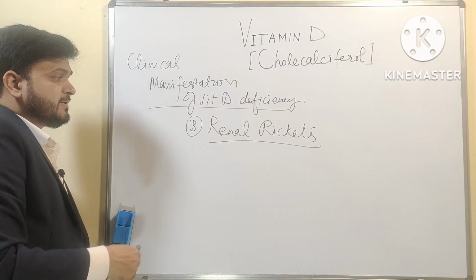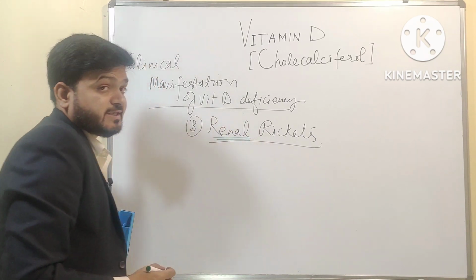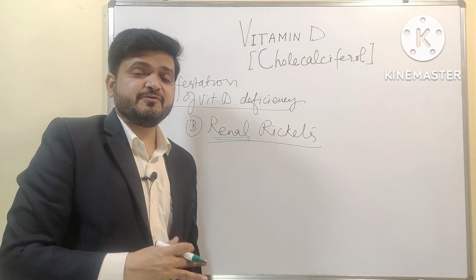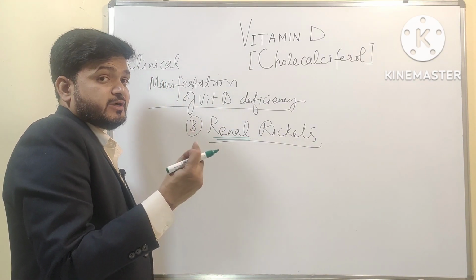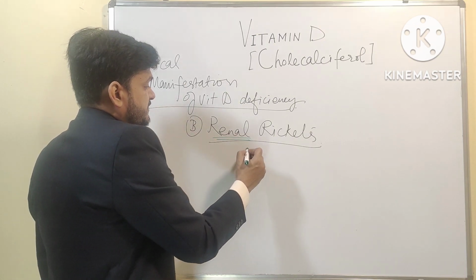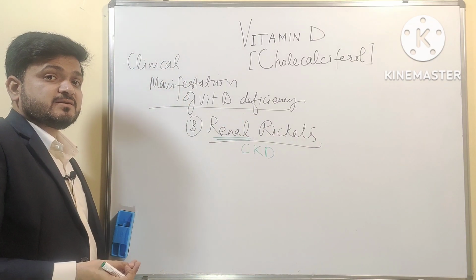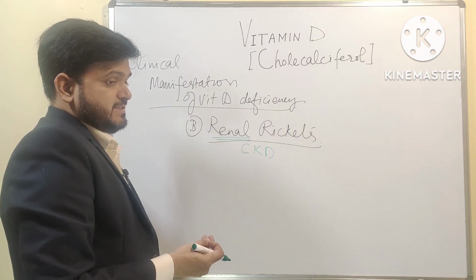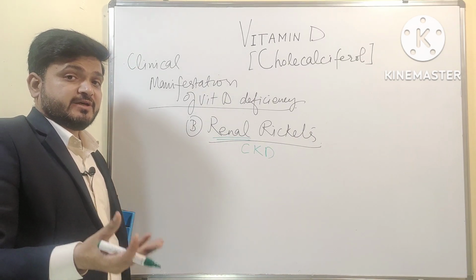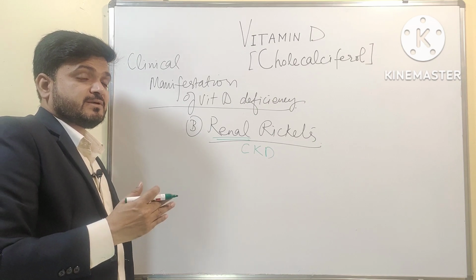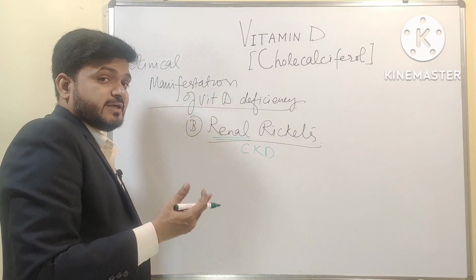So these are the two most common disorders due to vitamin D deficiency. Renal rickets: by the name itself we can understand that it is related to the kidney. As we all know, the activation of vitamin D involves two important organs, and one of them is the kidney. So if anybody has chronic kidney disease or kidney failure, obviously the activation of vitamin D cannot occur, that is, the second hydroxylation, at the first carbon atom of 25-hydroxycholecalciferol, cannot be done.